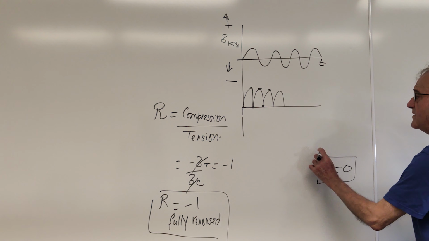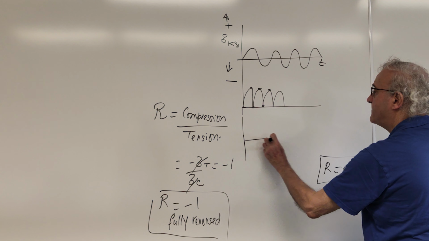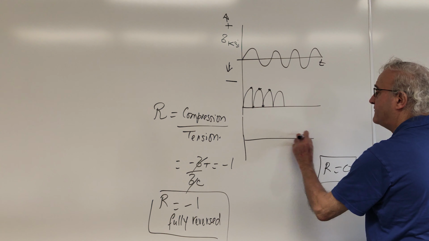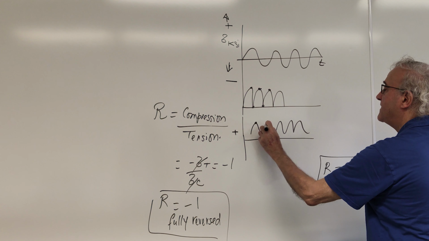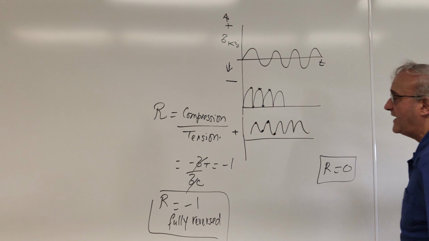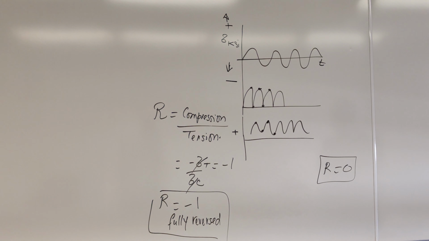And also, you can have another behavior where you have all tensile load, but you have a maximum and a minimum, a maximum and a minimum. And also it happens in many components, and I'm going to ask you in your report to tell me what components are exposed to high and low stresses.